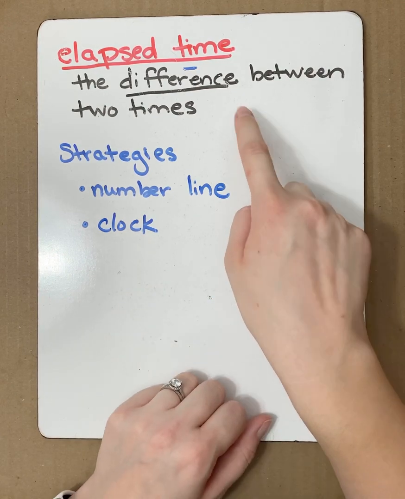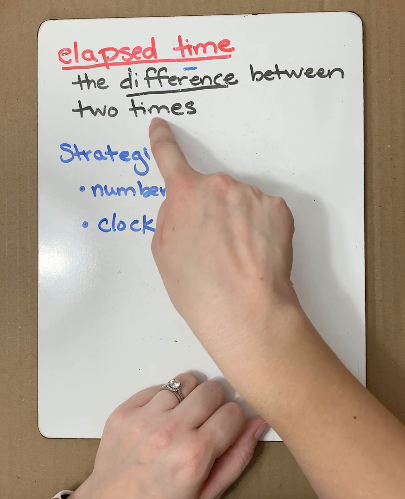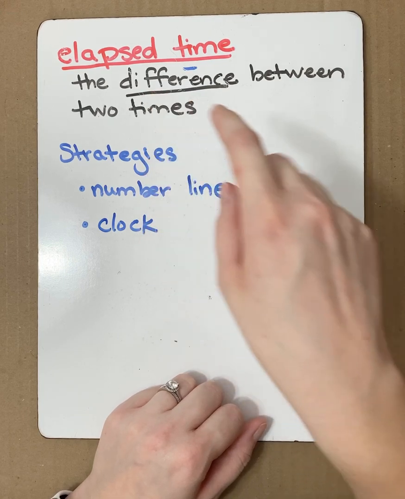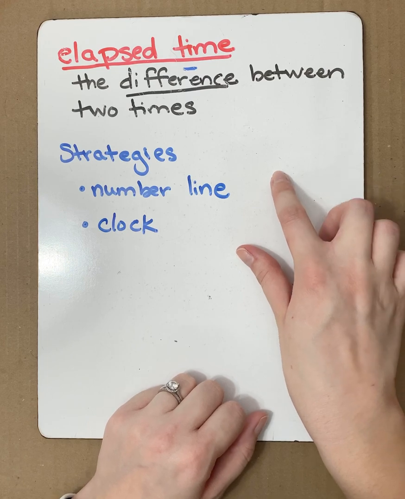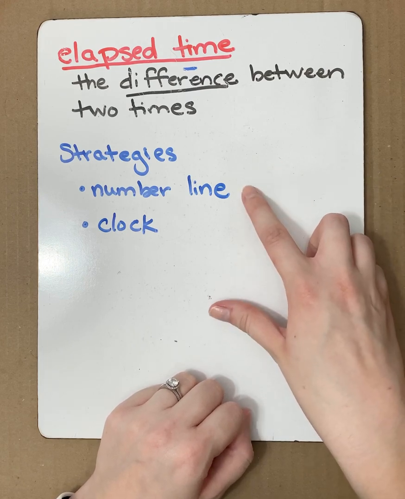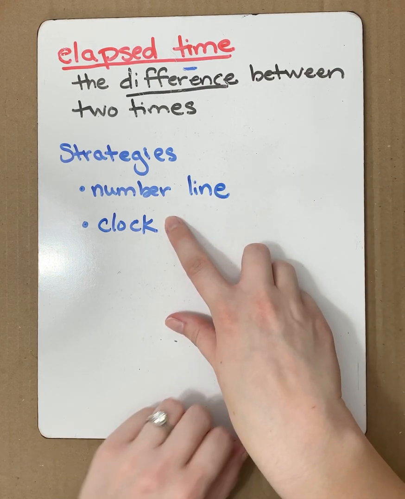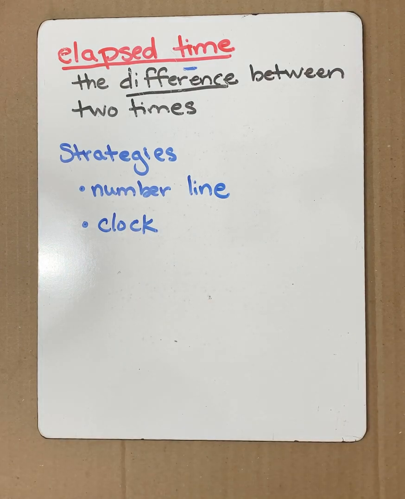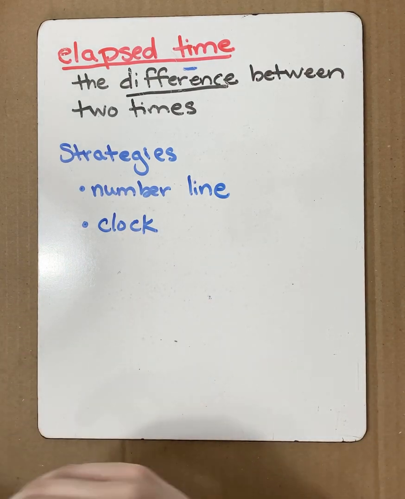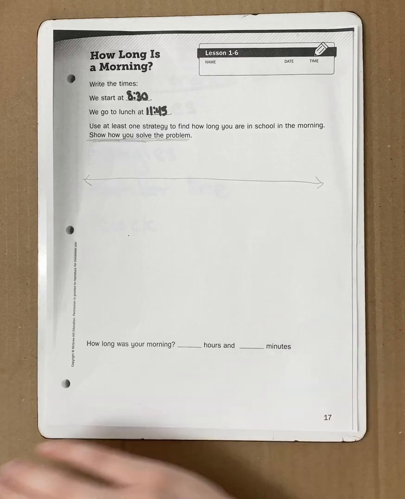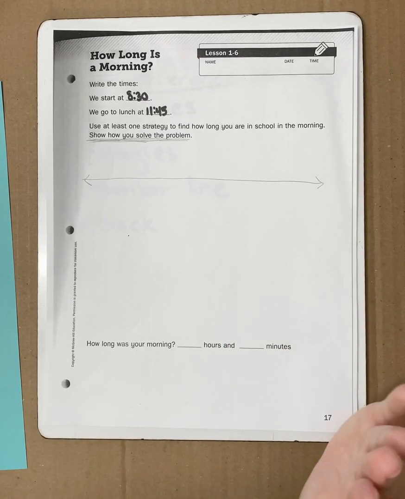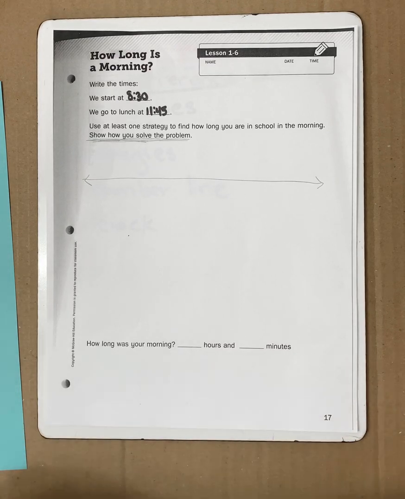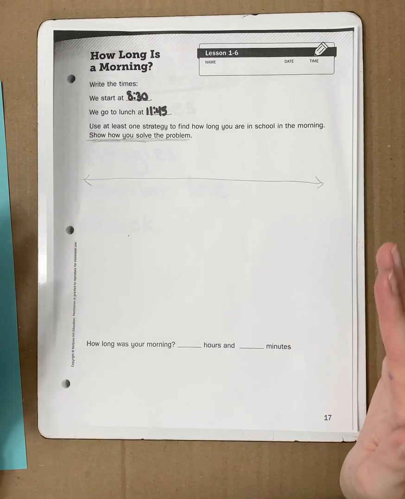Remember, we are looking at the difference between two times, and the strategies we can use to help us with this are making a number line to skip count or using our paper clocks. So let's review. And remember, everybody attempts a math problem in a different way, so yours does not need to look exactly like mine.